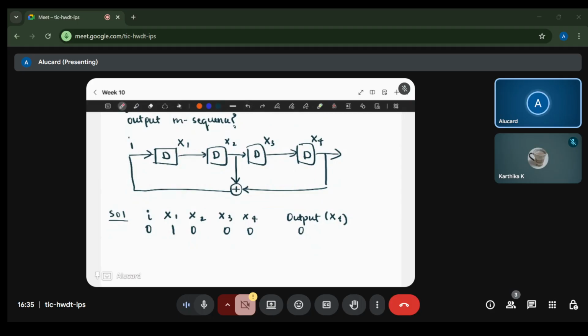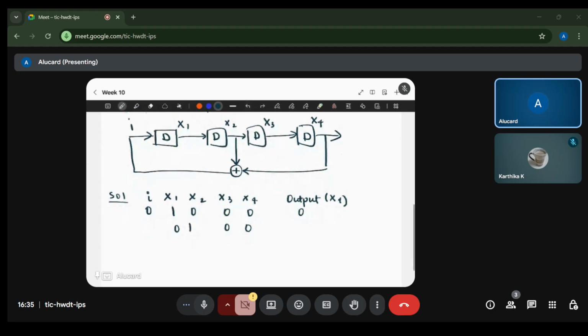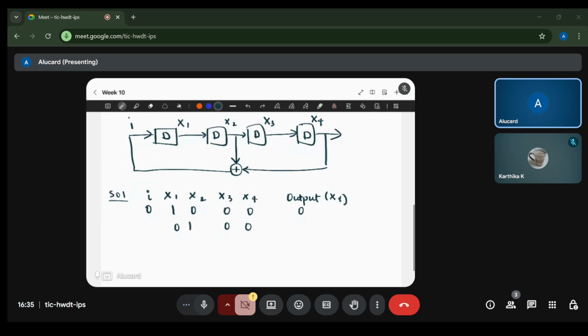So the state is shifted to 0, 1, 0, 0. So this got shifted by 1 bit, and then this comes out as the output. Now the new input, when the new state x1, x2, x3, x4 is 0, 1, 0, 0, is x2 plus x4, which is 1 plus 0, which is 1.